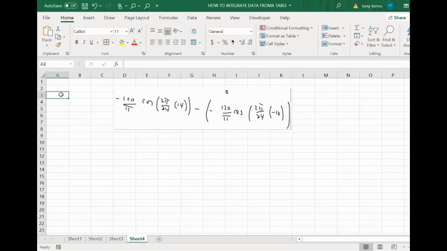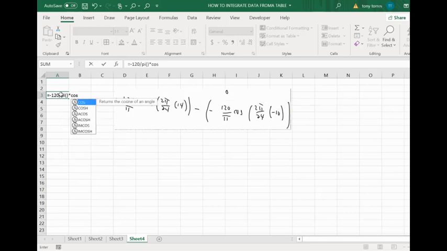So let's see. The first one would be minus 120 divided by pi times the cosine of, parenthesis here, that would be 2. I can simplify that, but leave it the way it is. Divided by 24, and that has to be multiplied by 14.